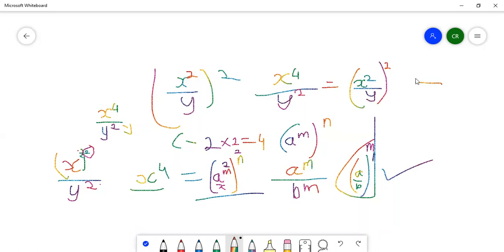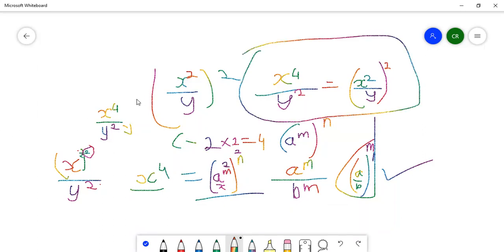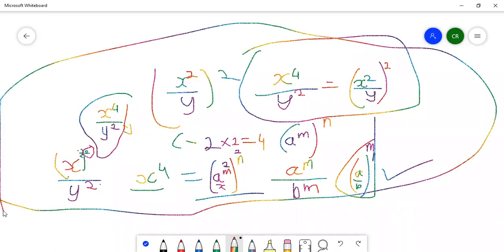This equation will become like this. So, if such a question comes, you will show all these laws and write the final answer like this. I hope you are getting it.